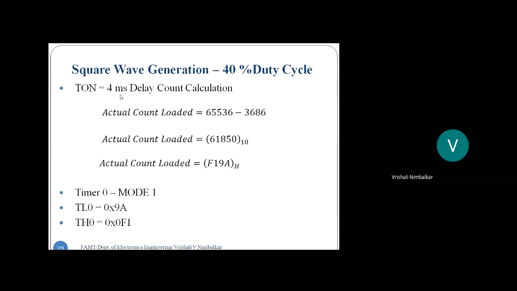So if I want to increase the on time, the corresponding count should become lesser. And if I want to decrease the off time, the count should be increased. That's how you will be able to generate a pulse width modulated square wave.